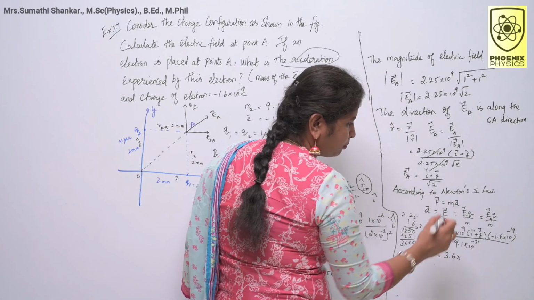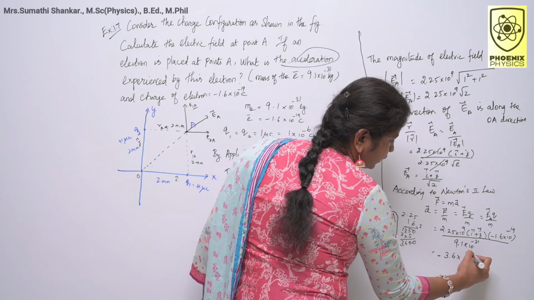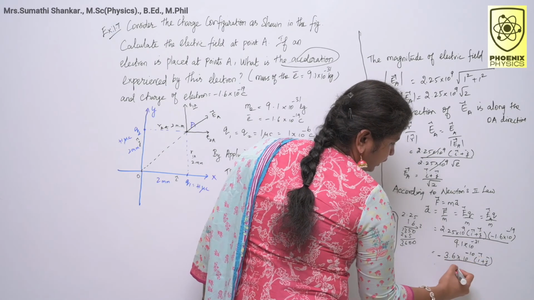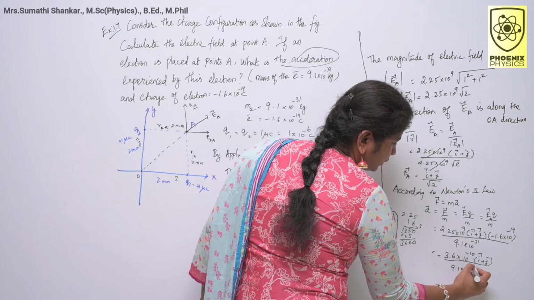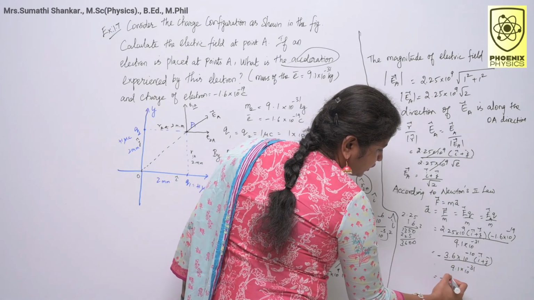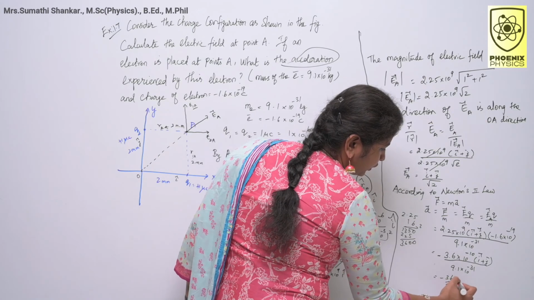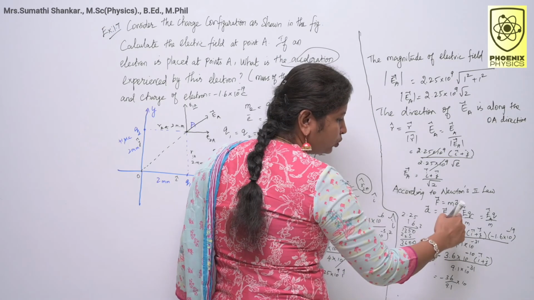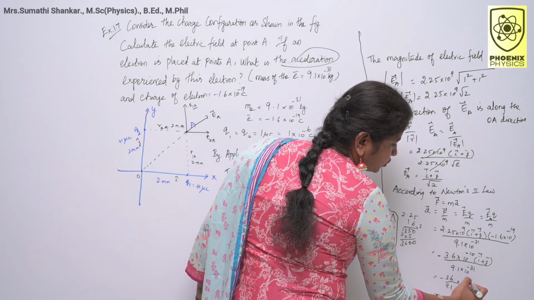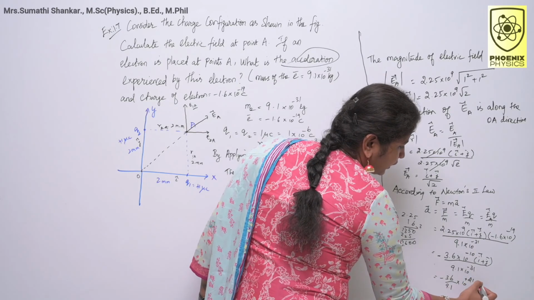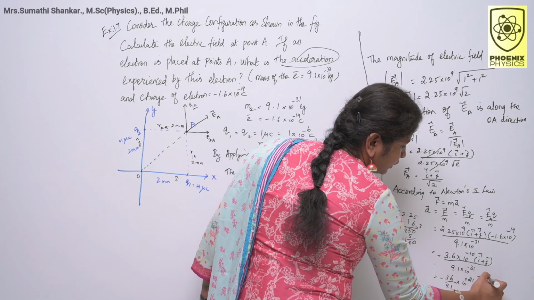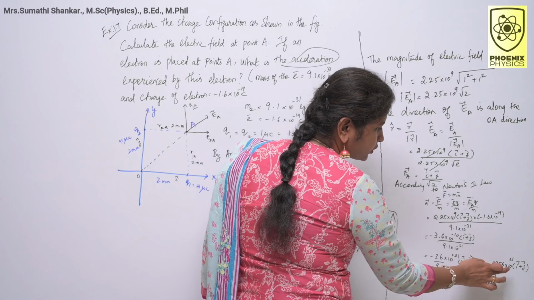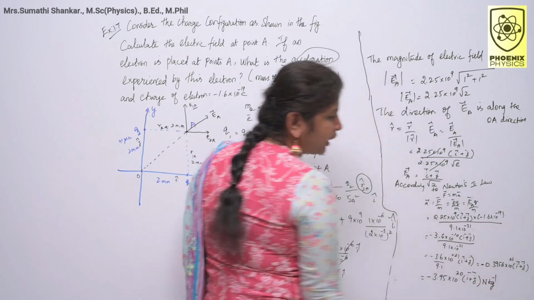Here I have 10 to the power of minus 19, so minus 10 (i vector plus j vector) divided by 9.1 into 10 to the power of minus 31. Then minus 3.6 divided by 9.1, and bring this 10 to the power of minus 31 to the numerator, so your answer is plus 21, i cap plus j cap. Divide these two, you get minus 0.3956 into 10 to the power of 21 (i vector plus j vector).